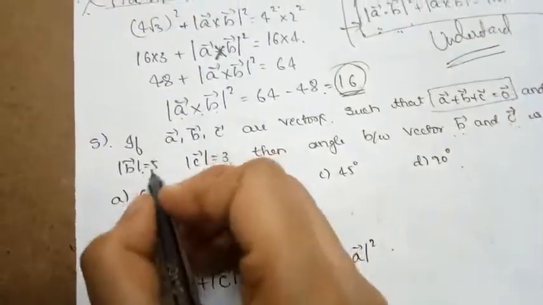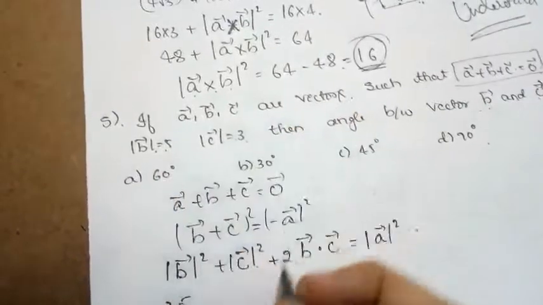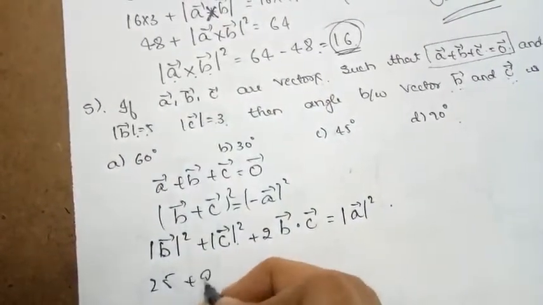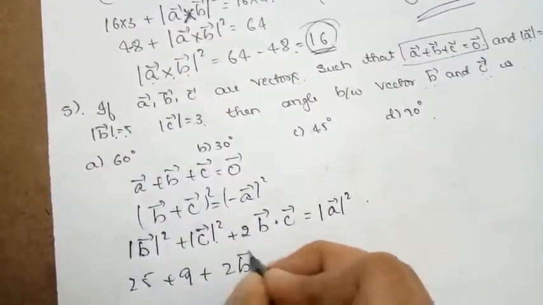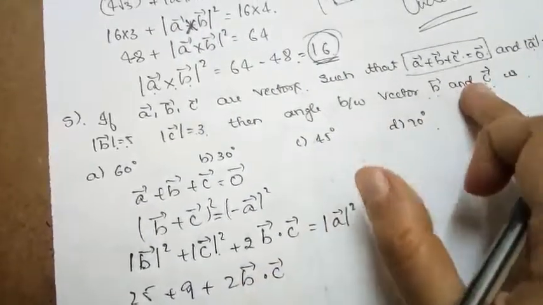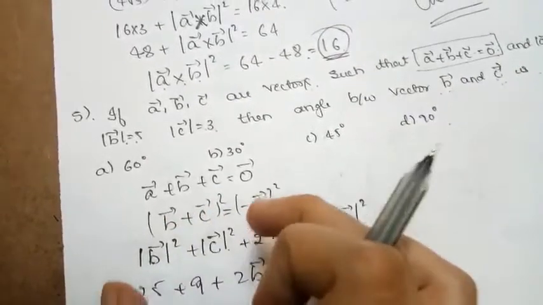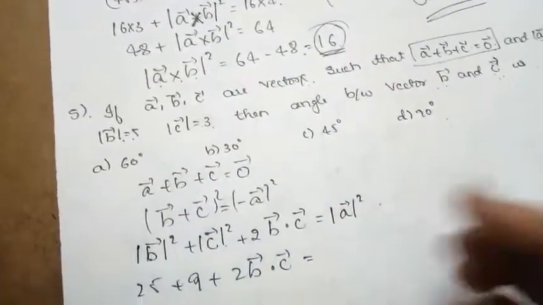What is magnitude of vector B? It is 5, so 25. Magnitude of vector C is 3, so 3 squared is 9. With the dot product only we can get the angle between B and C. That's why I kept B and C together and moved A to the RHS.